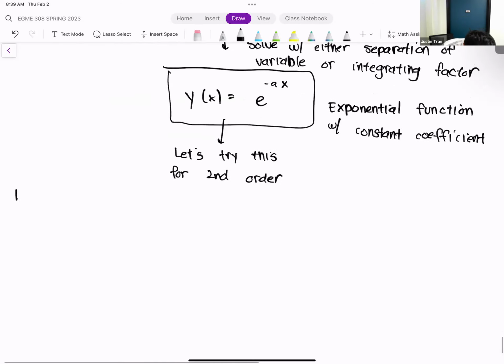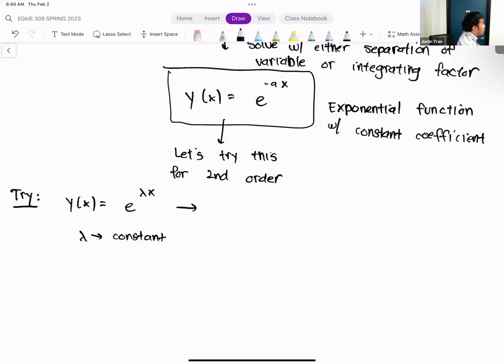So let's try y of x is equal to e to the lambda x, okay, where lambda here is a constant. And then what we're going to do is plug this into our second order ODE with constant coefficients.